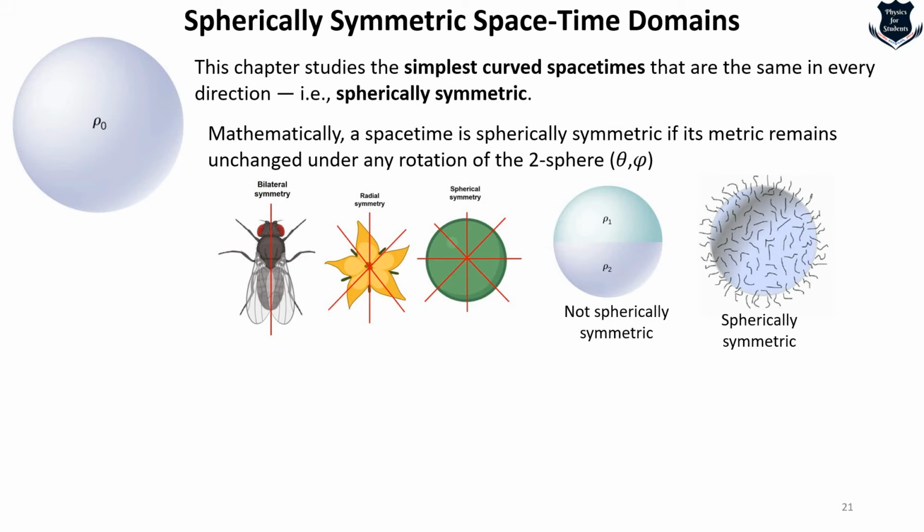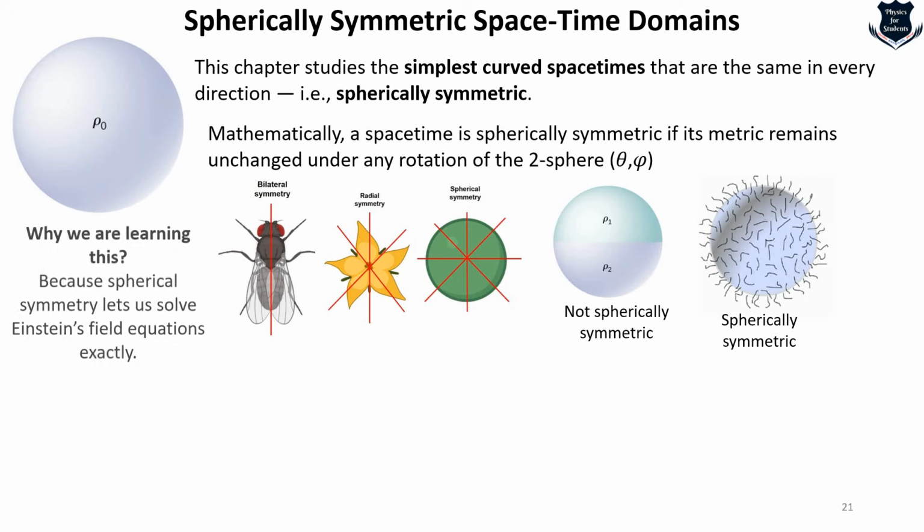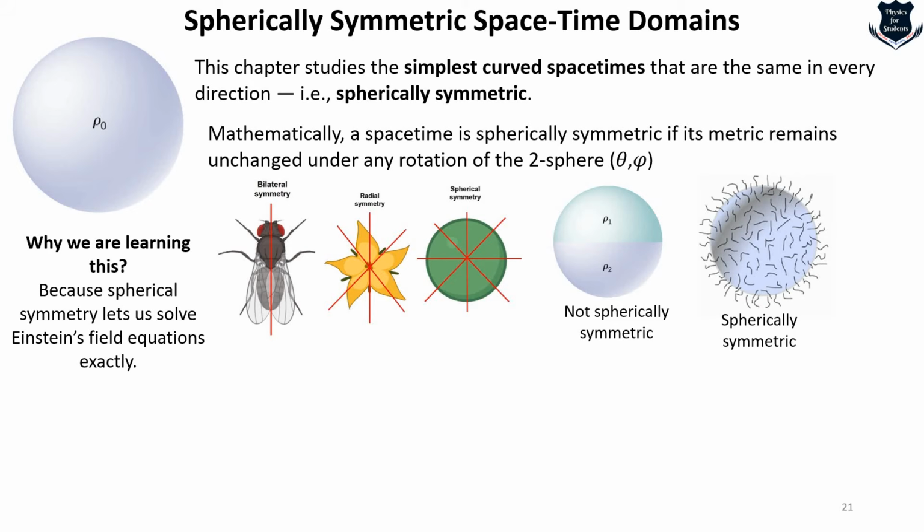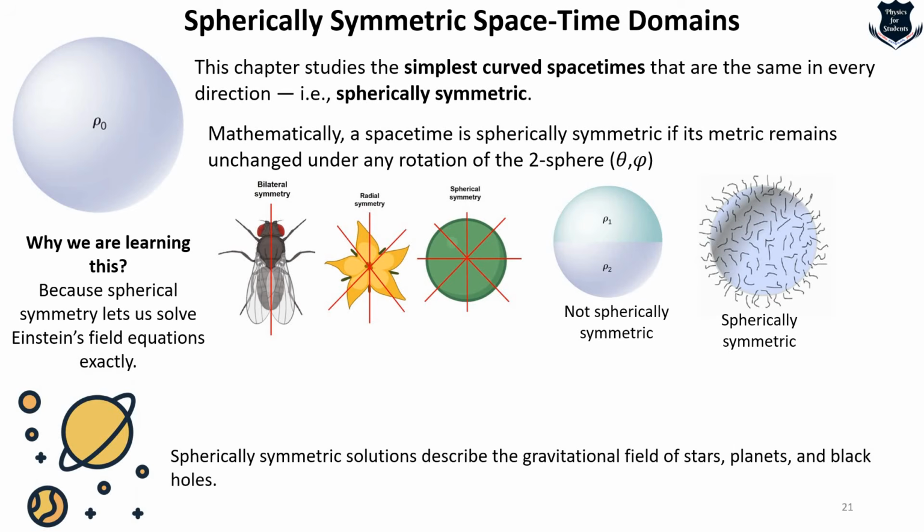Now why are we learning spherically symmetric spacetime? The reason is that a spherically symmetric solution makes the equations much easier. We don't have to include rotation, or charge, or anything. So these are ideal conditions which help us to solve Einstein's field equations much more easily.